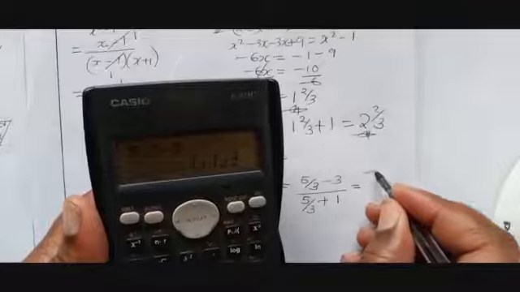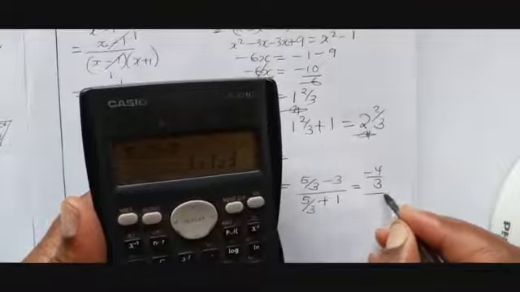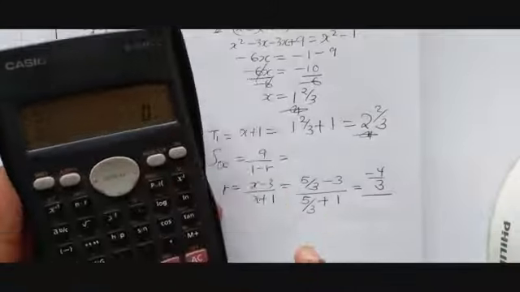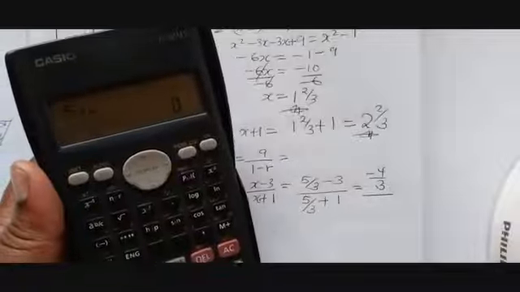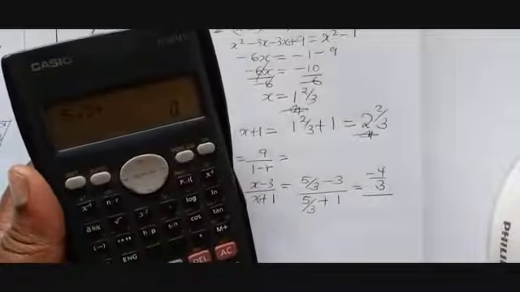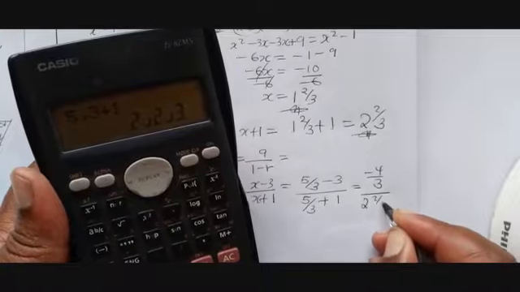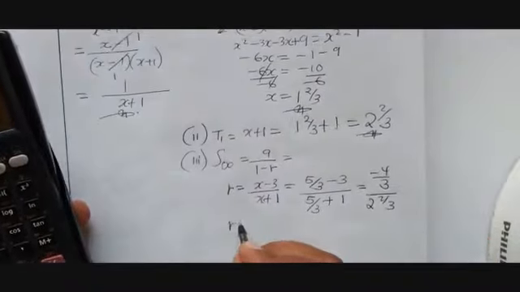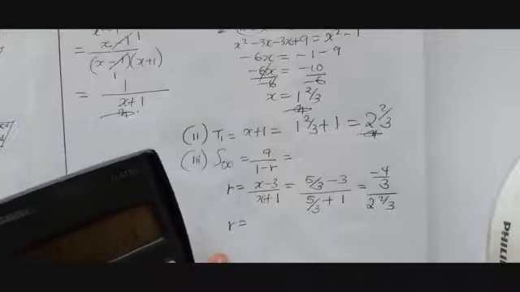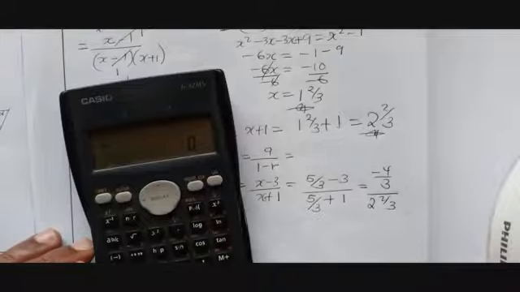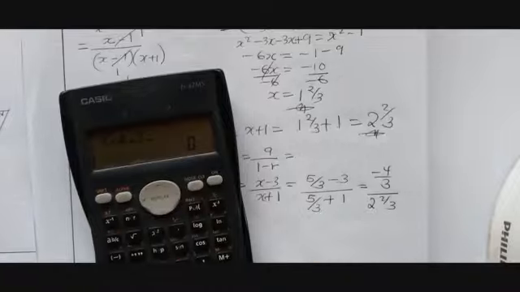You have negative 4 over 3 divided by, you can do the same here, 5 divided by 3 plus 1. What do you get? You have 2 over 3. So your common ratio is equal to, open the bracket, negative 4 divided by 3, open the bracket.